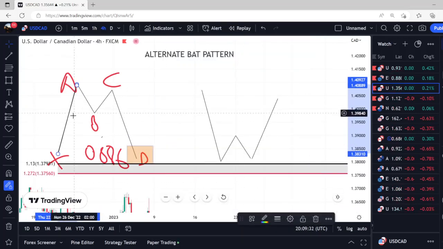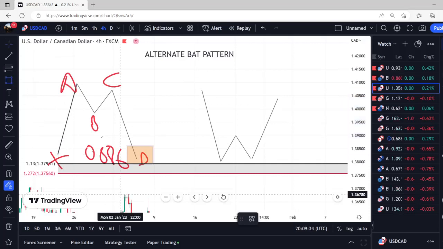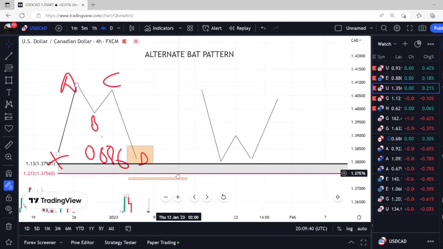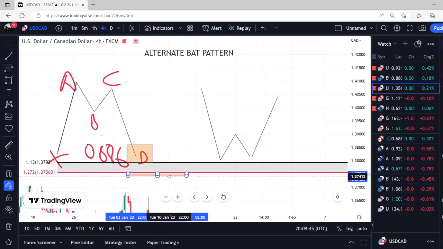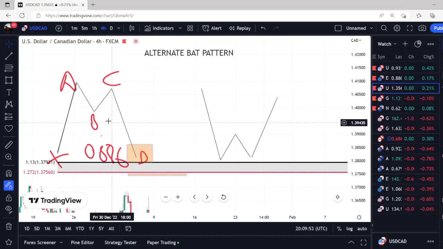So below 1.127 becomes our stop loss, anywhere below here. Hope that makes sense. So these are the fib extension numbers: 1.13, where you measure from A to X, X to A.